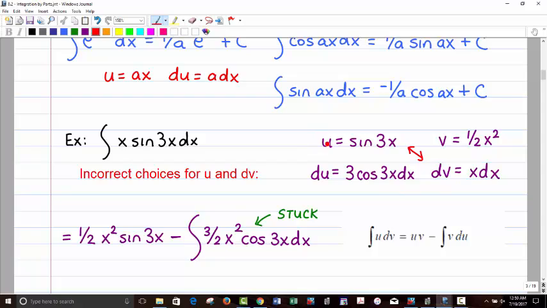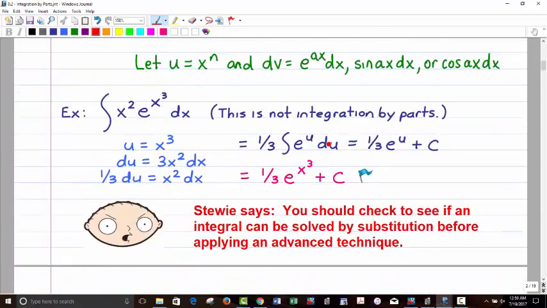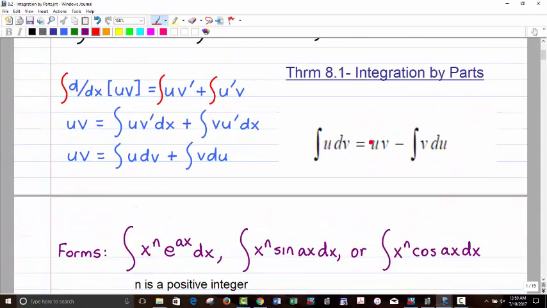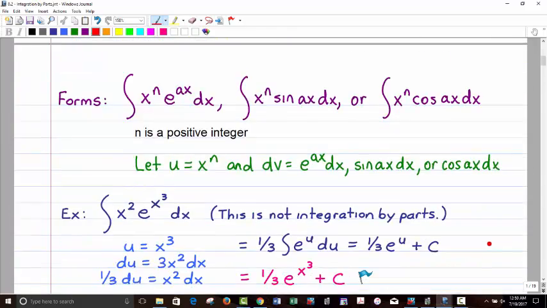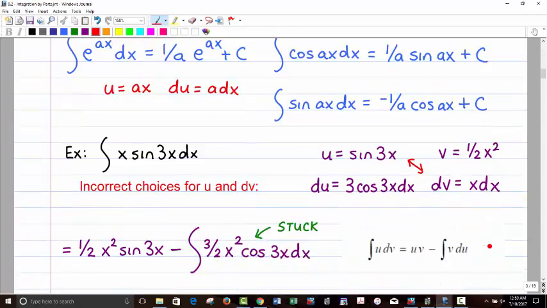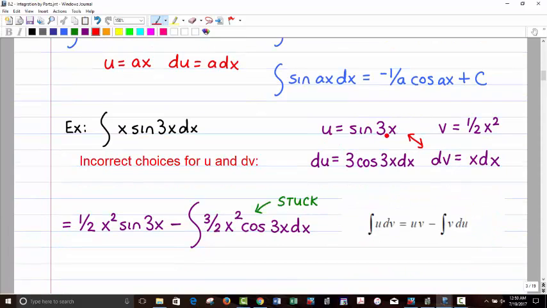Now this is very important because we're trying to piece all this together to get everything back into this formula right here. So if we have dv, we're going to need v. v is just the antiderivative of dv, and then du will be the derivative of u. So if u is sine of 3x, do not forget the chain rule. That's so easy for people to forget.